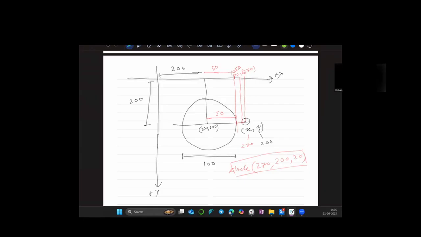Now, to create a circle here, the x coordinate is going to be the same. Let me remove this thing.